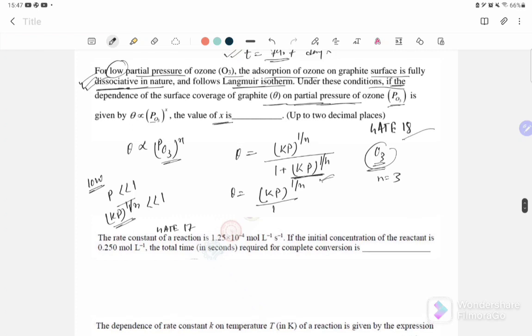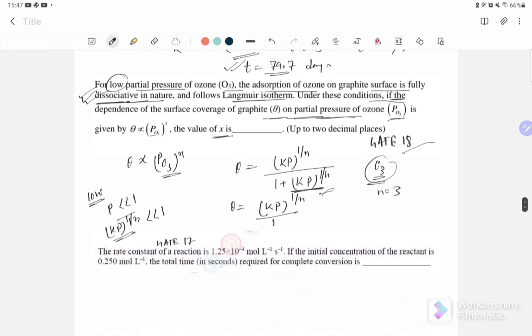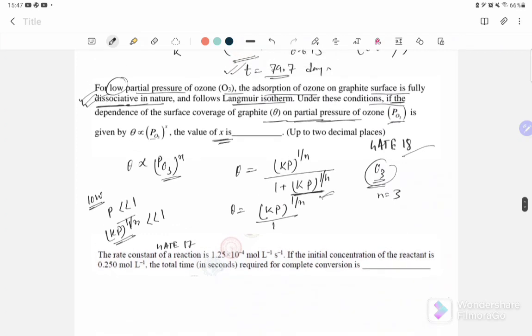So here they ask for x, that is Kp to the power 1 by 3. 1 by 3 means 0.33 approximately. So our answer will be 0.33.